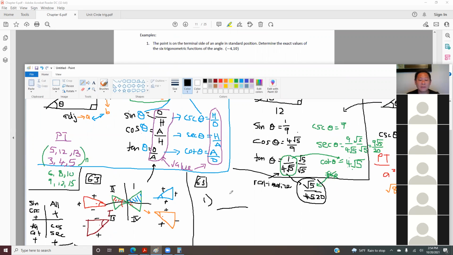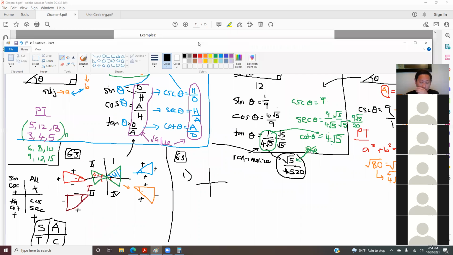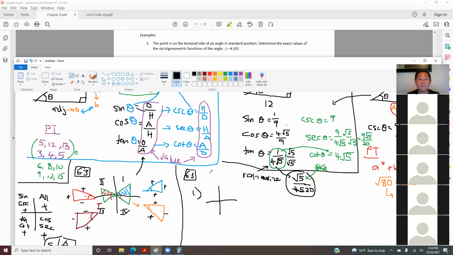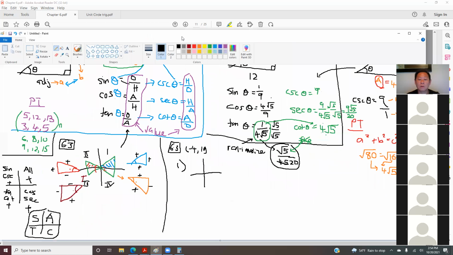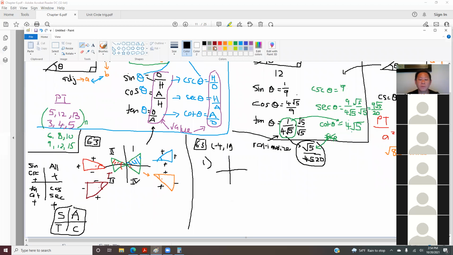So where is (-4, 10) in here? Anyone know what quadrant is (-4, 10)? Quadrant 2, sorry. Yep. So you go -4 here, and then you go 10 here, right?